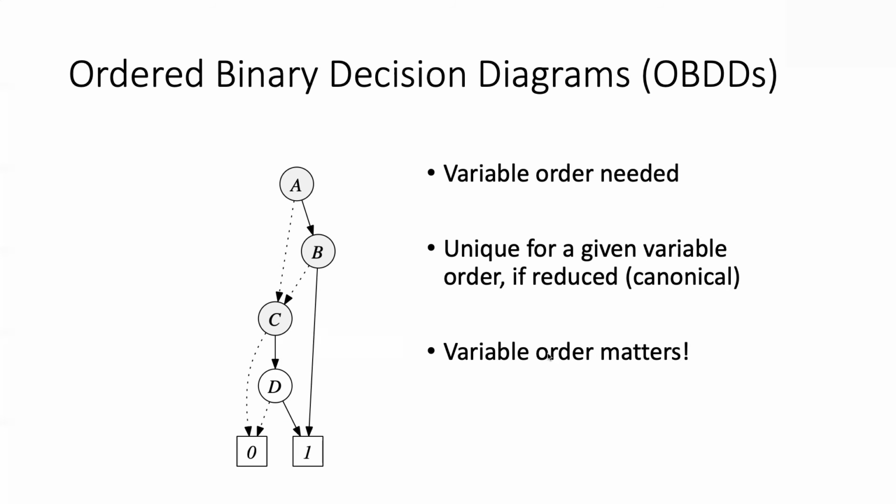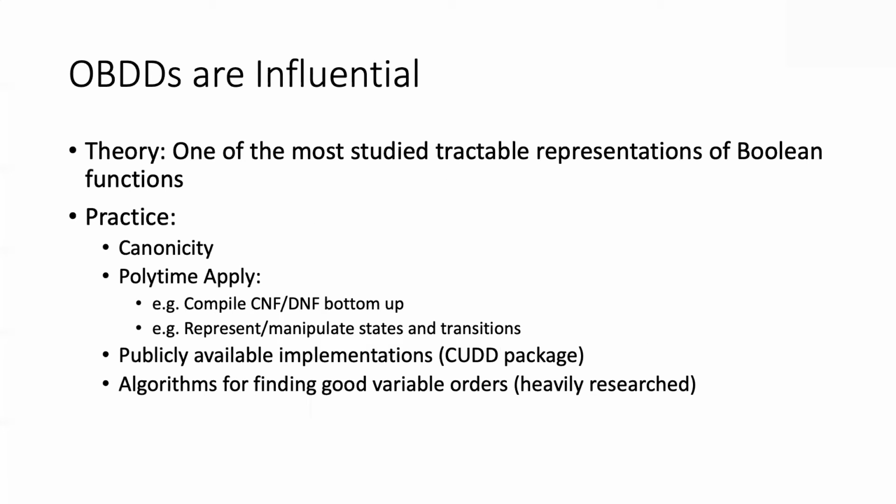Now, we will look at again what makes OBDDs particularly important and why for a while people actually wanted to generalize them. As mentioned earlier, they've been heavily studied. There is a lot of literature on OBDDs, and some refer to them as the most studied tractable representation of Boolean functions. So we mentioned canonicity.